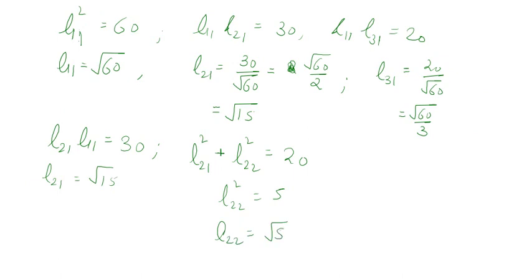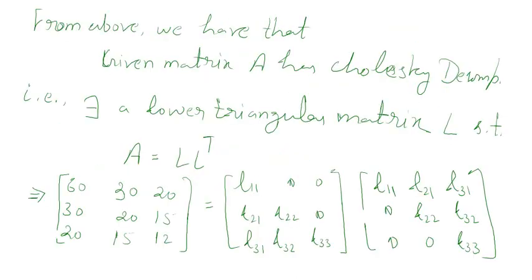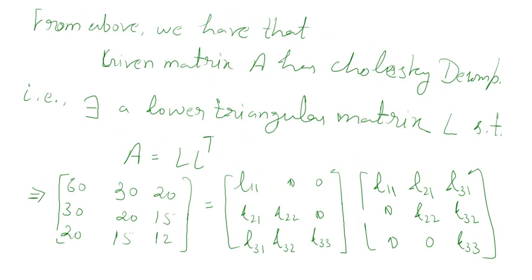Again, you are taking the positive diagonal. Similarly, from the second row, third column, you will obtain L21 L31 plus L22 L32 is equal to 15.